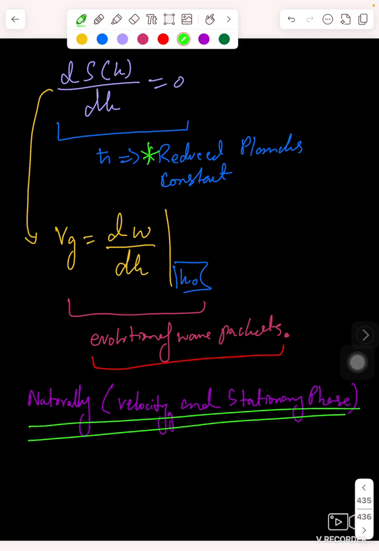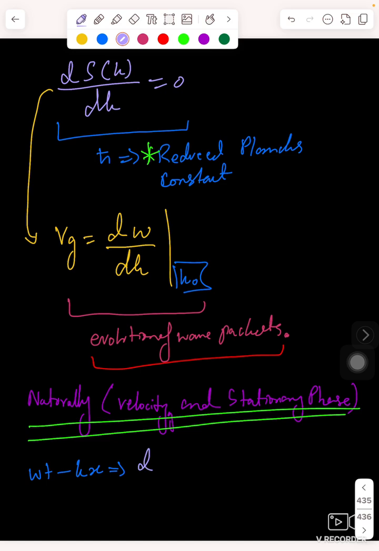It's by nature, but they have some connection. Now it's written as Wt, again W is the angular frequency, T is time, minus K is a wave number, and X is the dimension we're looking at.